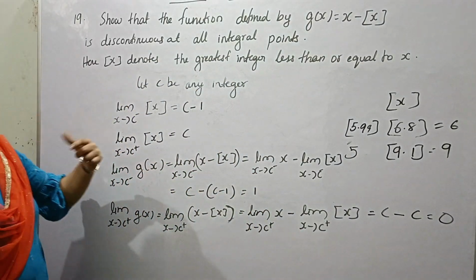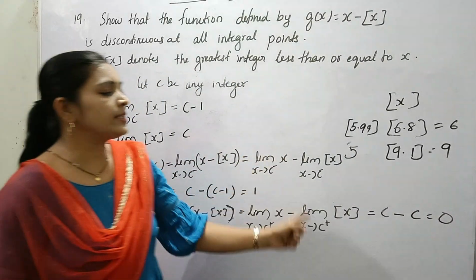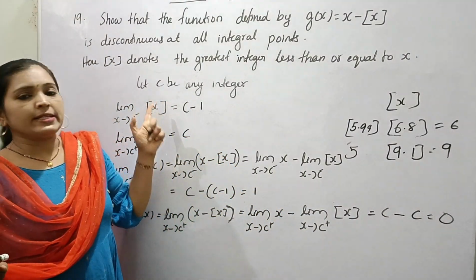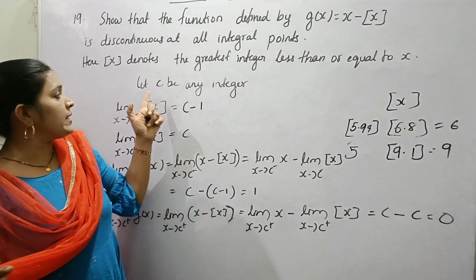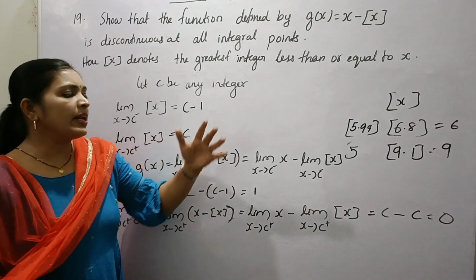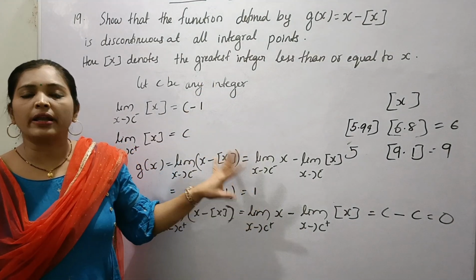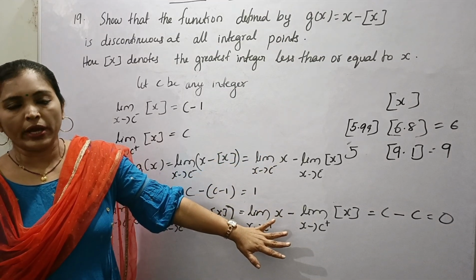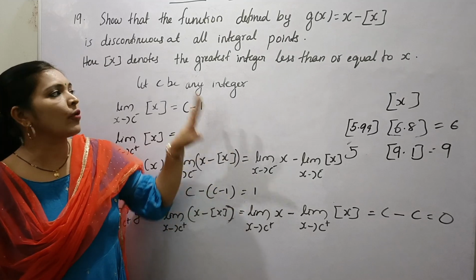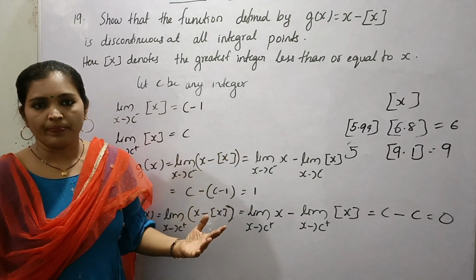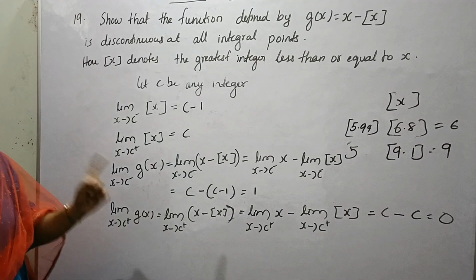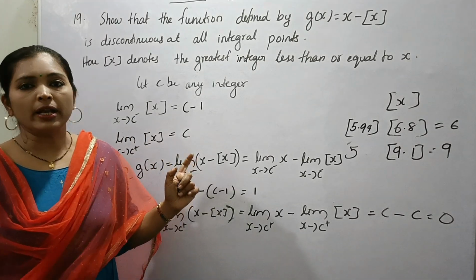So we have got left hand limit equal to 1 and right hand limit equal to 0. They are not equal for this integer. That is, we have taken any integer. If we take any integer, we will get these two different left hand limit and right hand limit. Therefore we can write this function is not continuous at all integral points.